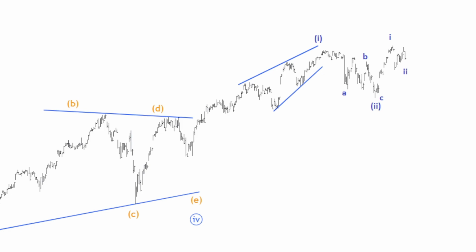Thereafter, it is consolidating in a sub-minority wave 2. Once complete, I see a sub-minority wave 3 move to the upside, which will take S&P 500 to all-time highs. That's all for the S&P 500 index.